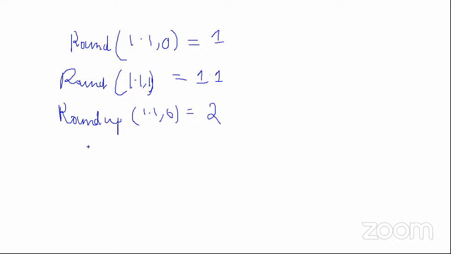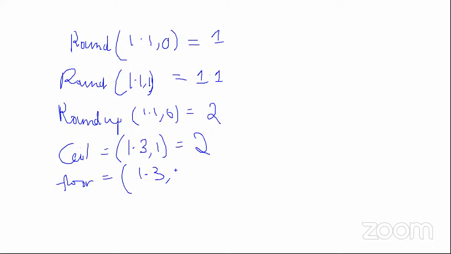Let's see. Or you can use ceiling also. Ceiling means the next higher number. You have another function, what is meant by floor? See, ceiling of 1.3 comma 1 significance, then it will be 2. Same number 1.3 comma 1 for floor, then it will be 1.